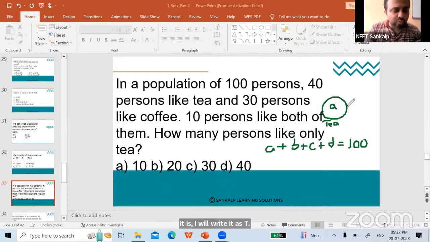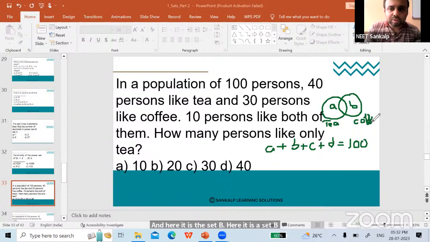Set B has only the coffee members. Set C contains both, and D represents the outside. The sum of all four is 100, that is A plus B plus C plus D.